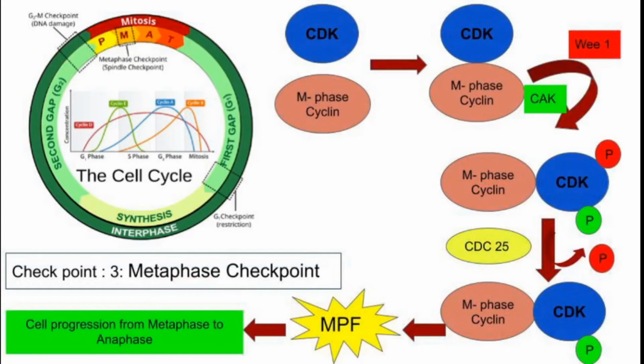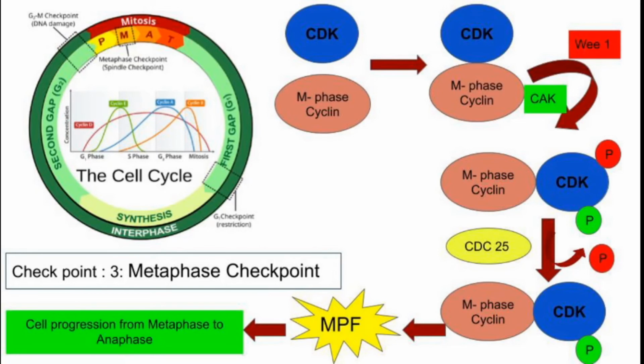Now, another checkpoint is there in the metaphase of mitosis. CDK and M phase cyclin form a complex, CDK M phase cyclin, and this complex is phosphorylated by two proteins.